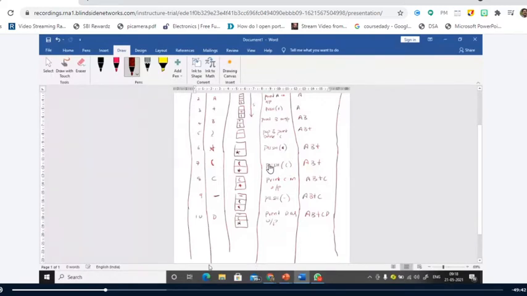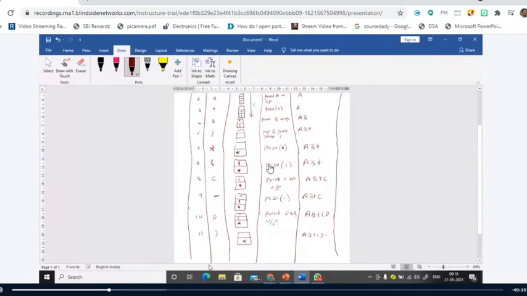Now what is the next token that is read? Closed parenthesis. So when you come across a closed parenthesis, you have to pop all the elements from the stack and place them in the output until you come across an open parenthesis. So minus has to be removed and placed in the output.